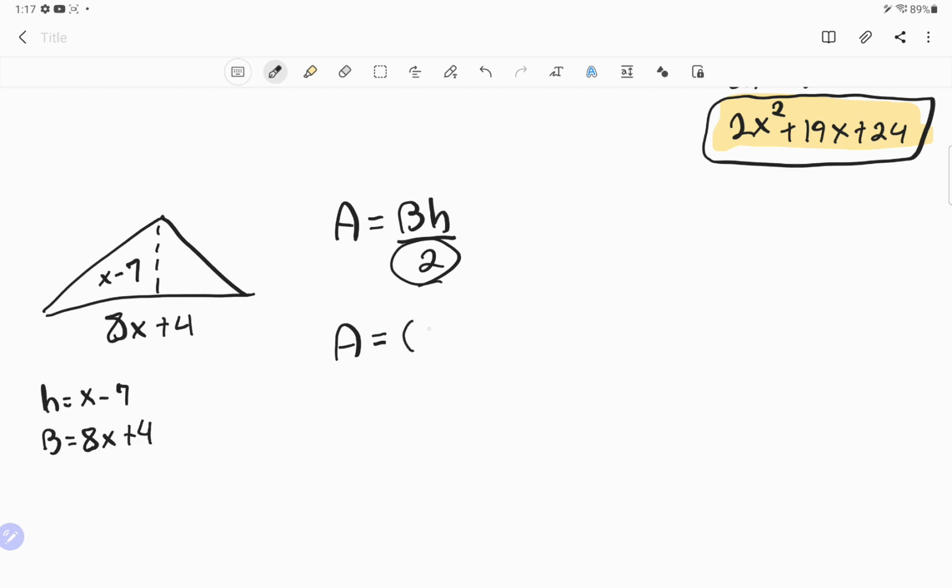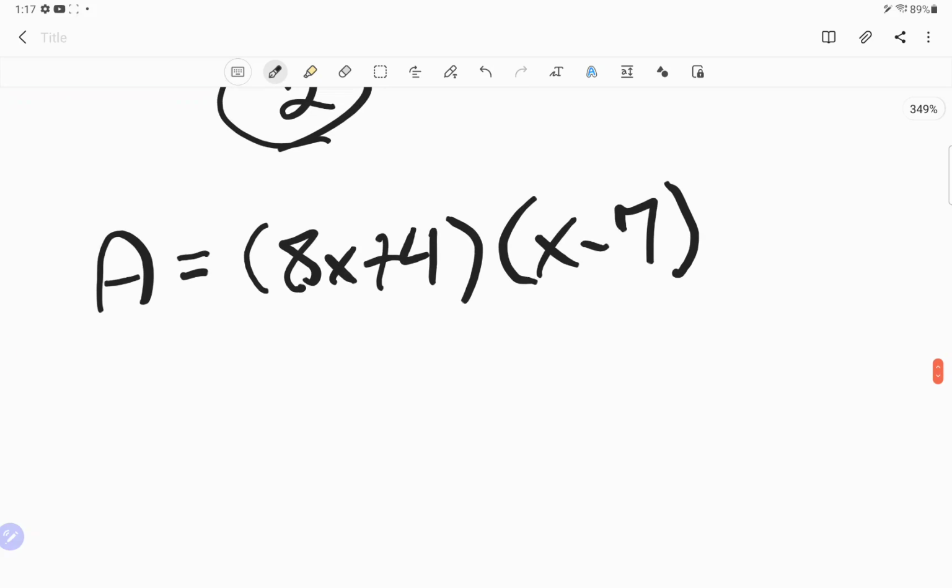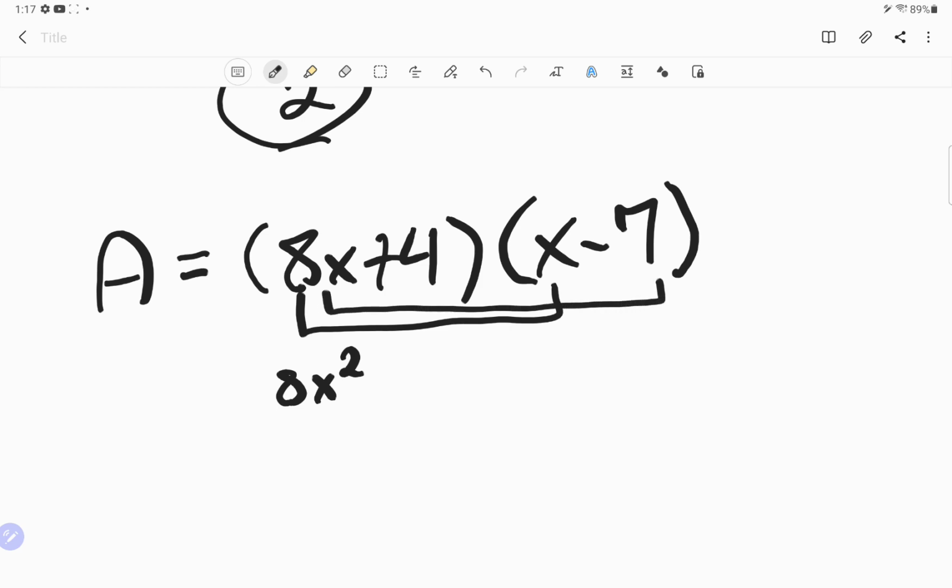So my base is 8x plus 4 times x minus 7. Whenever I multiply this one by this one, 8x times x, I'm going to get 8x squared. Now whenever I multiply 8x by negative 7, I'm going to get negative 56x.